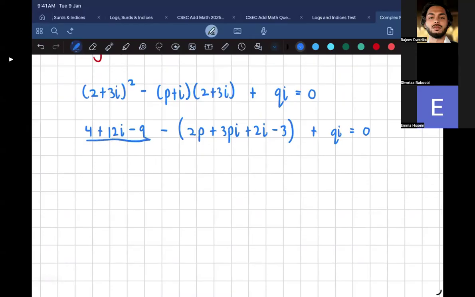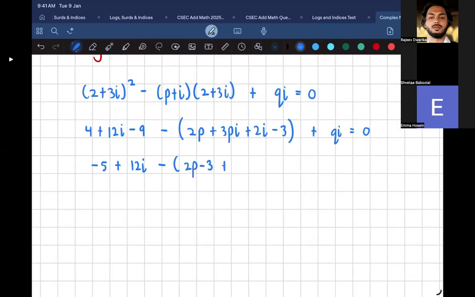We could simplify the real parts over there. So 4 minus 9 is minus 5. Minus 5 plus 12i. We could simplify inside first. So any real parts there would be 2p and minus 3, right?